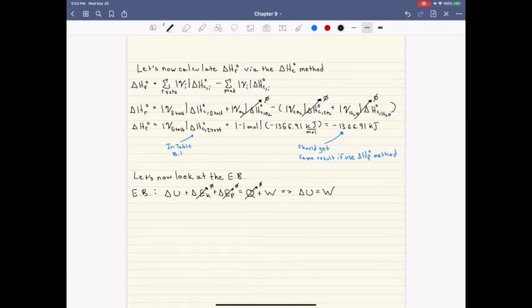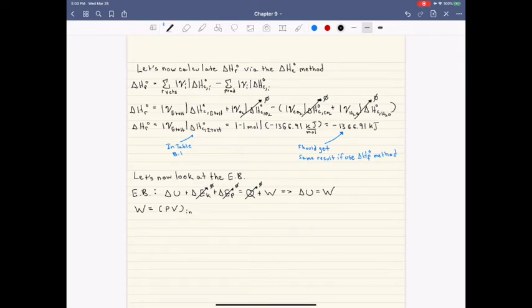All right? And to do that, what we have to remember is what our work term is equal to. Okay? There doesn't seem to be any moving parts in our system, so the shaft work is equal to 0. We don't have any electric work. There's no radiated work. But there is what we call mechanical work in our system, right?